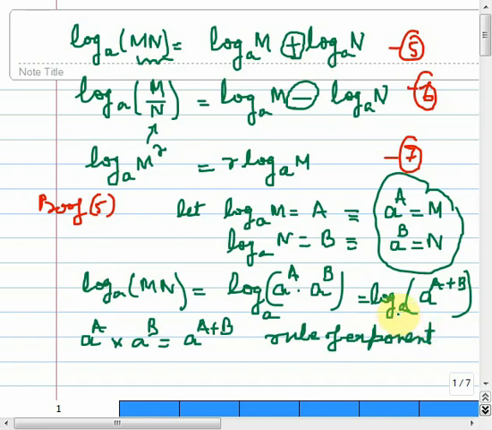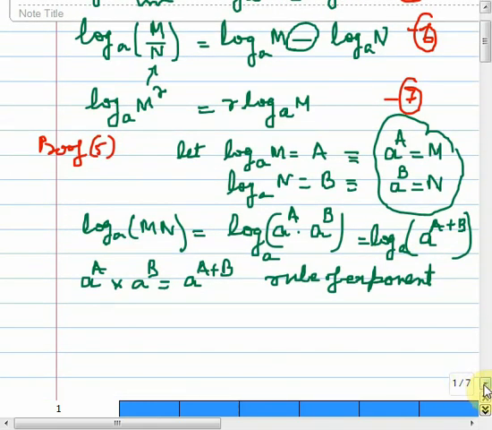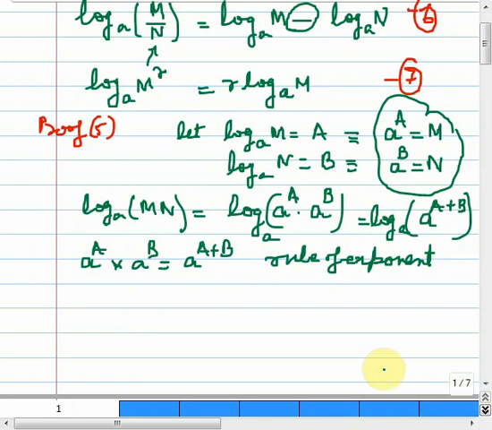Now we apply the property of the third rule which we have discussed, which we have proved also. The rule was a to the power log m to the base a is equal to m.